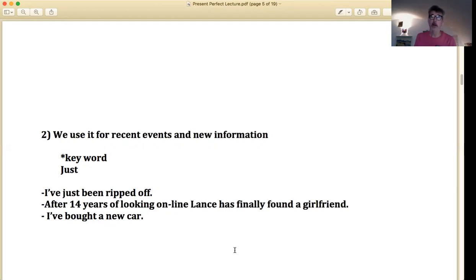And this is where I always have to make a disclaimer, because the present perfect, the British speakers, people who speak British English, they use present perfect in a lot of situations that people who speak American English or Canadian English wouldn't use it. They would use simple tense, but we'll talk about that later.